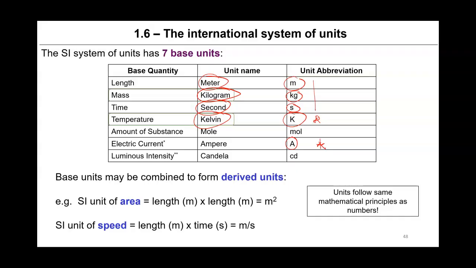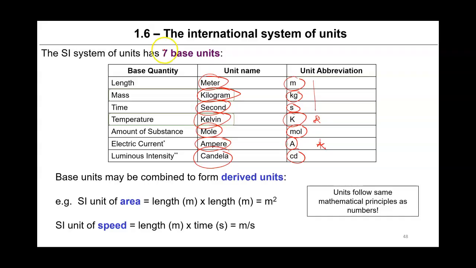The base unit for amount of substance is the mole, which has abbreviation mol. The base unit for electric current is the ampere, and because it's named after Professor Ampere, it has abbreviation uppercase A. And the base unit for luminous intensity is the candela, which has abbreviation cd.